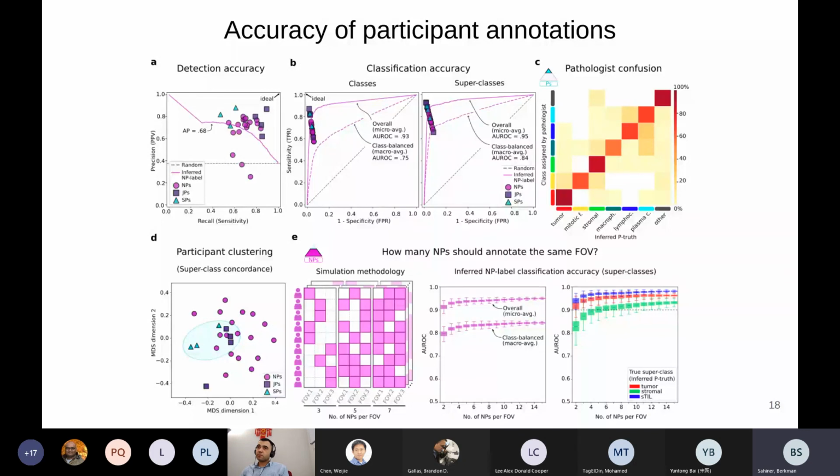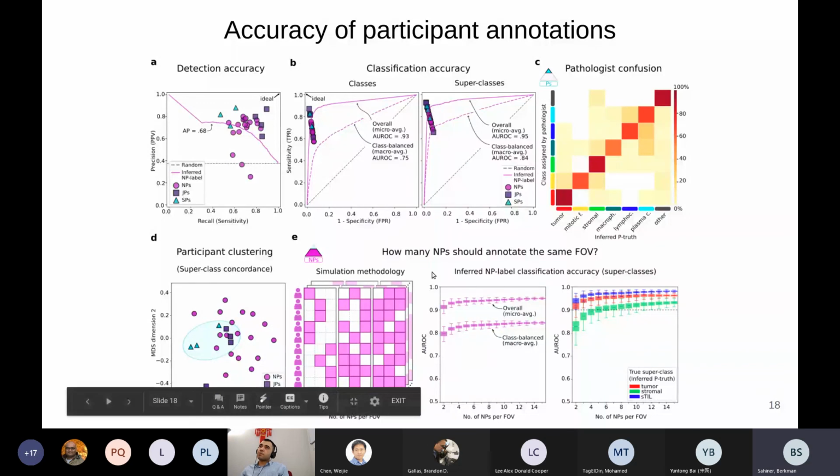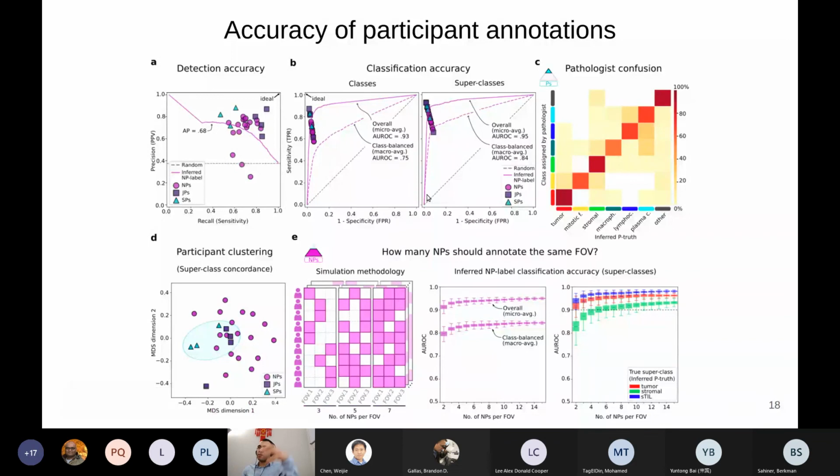I guess the horizontal axis is the number of NPs per FOV, and the vertical axis is the AUC per reader again? No, this is the AUC under that curve from panel B, right? And of course, we randomize, we repeat it multiple times, so there is a distribution around it, right?